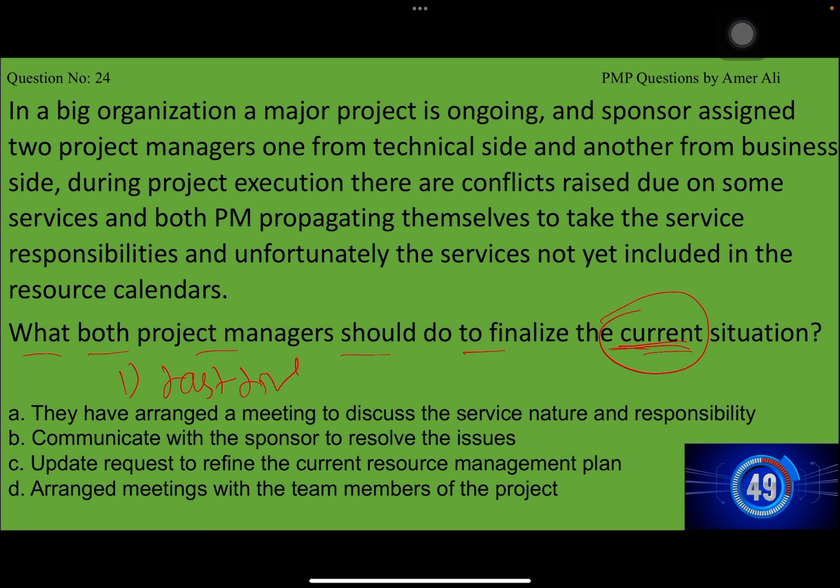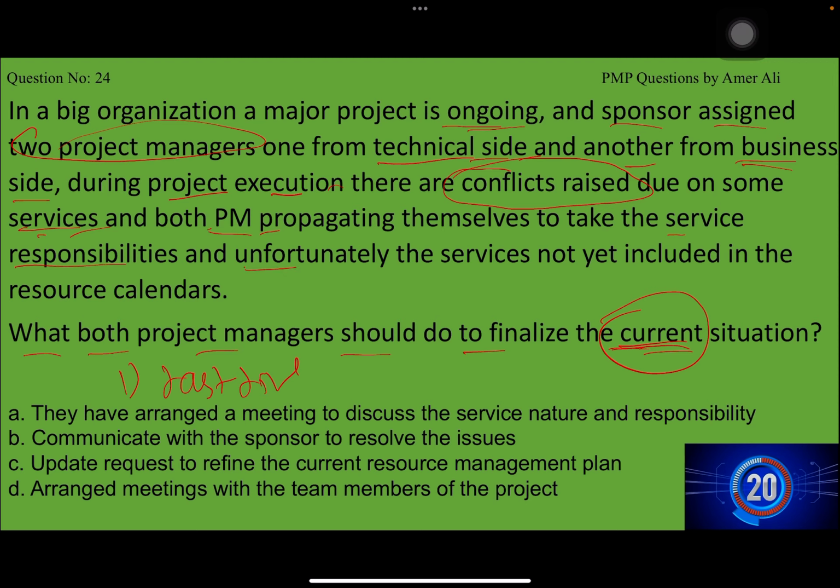In a big organization, a project is ongoing and a sponsor assigned two project managers, one from the technical side and the other from the business side. During project execution, a conflict was raised. Keywords: there were two project managers, and now a conflict has been raised on some services, and both PMs are proposing themselves to take the service responsibility.